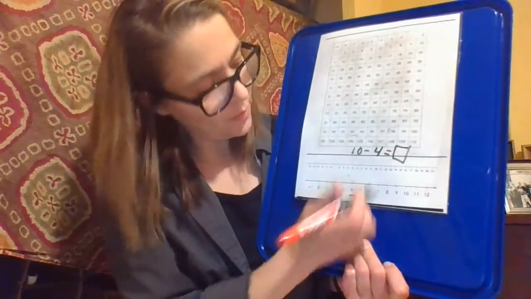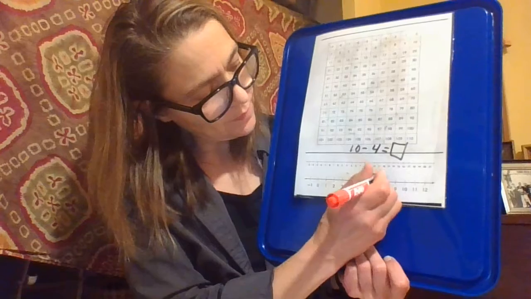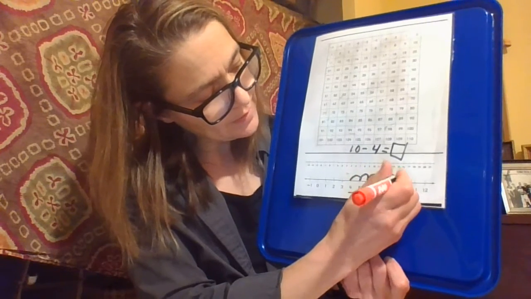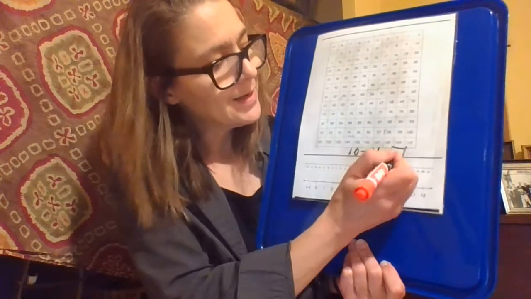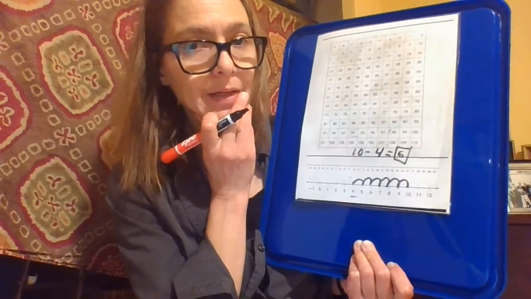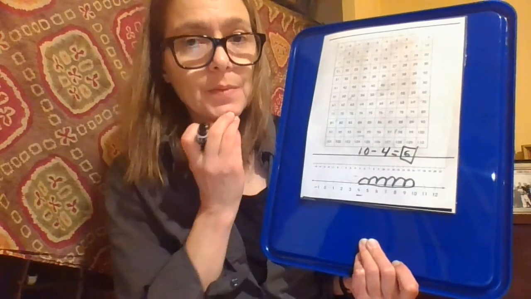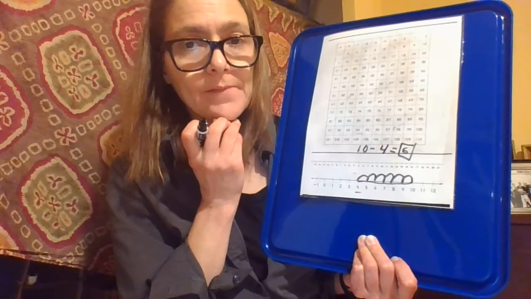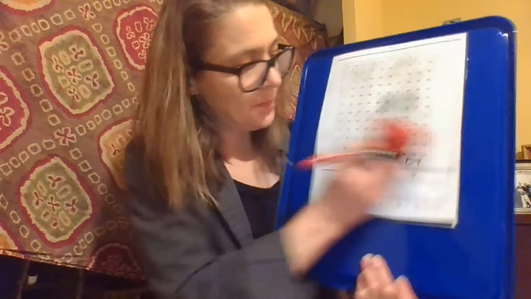Okay, so let's go. 1, 2, 3, 4, 5, 6. So the difference between the two numbers is 6, because that is the distance between them on the number line. So that is how you count up.